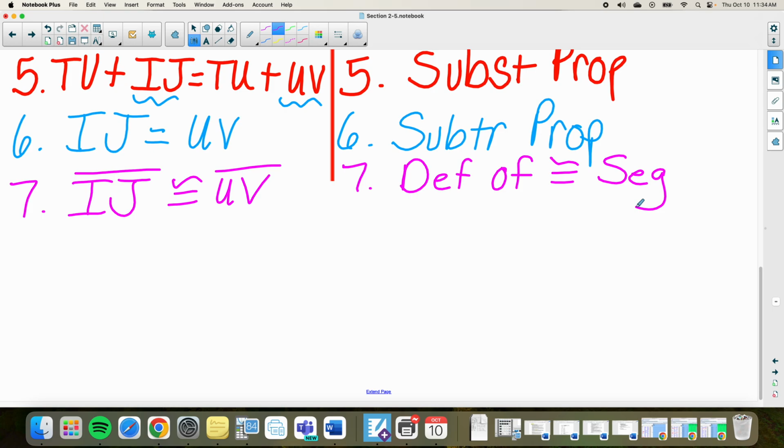Now, I have 2 hints for you guys for your worksheet, and hopefully will save you a little bit of time. Next to number 19, write that there's only 2 steps.